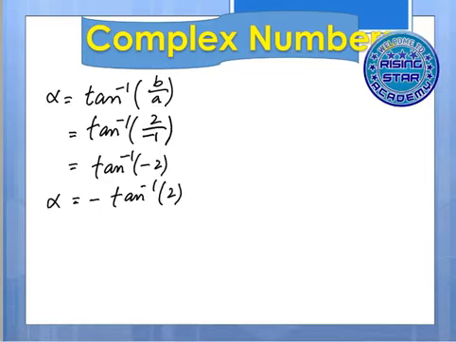Now we know that the x and y values are lying in the second quadrant, because here x is negative and y is positive, or we can say that a is negative and b is positive. So it lies in the second quadrant. In the second quadrant, what would be the angle in that case?